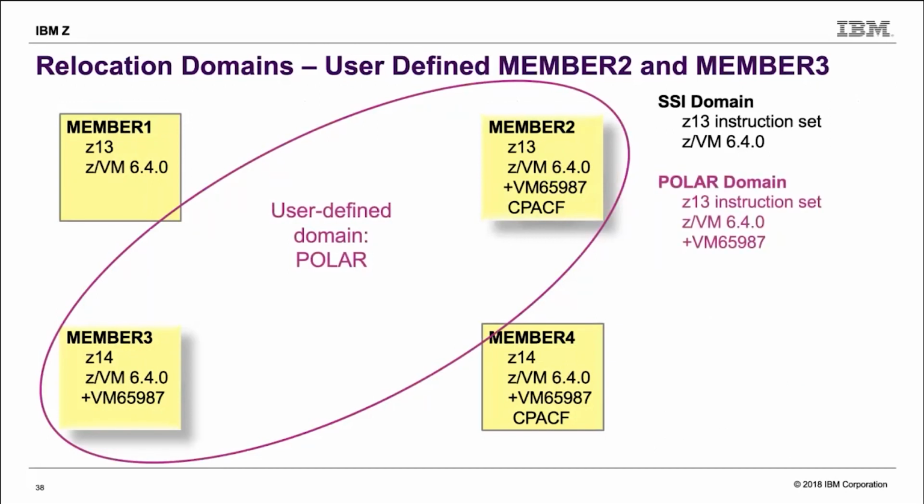So here, that would mean that we have a Z13 instruction set and z/VM 6.4, but we also get guarded storage. So if we want our guests to be able to use guarded storage, but also be able to relocate off of one member to another, we could define this domain, and then they could relocate freely between members 2 and 3, use guarded storage, and all would be well.